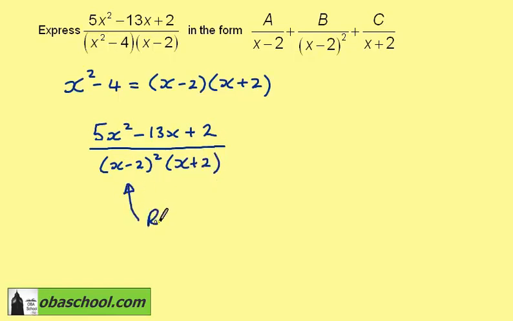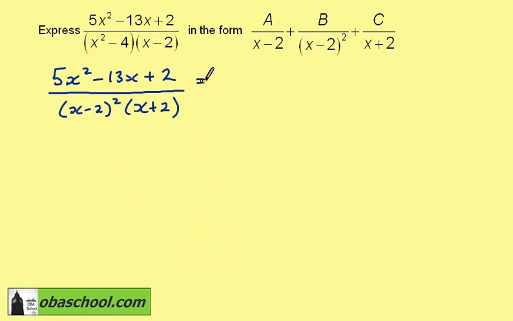What we have here is a factor which we say is repeated as it appears more than once, and this identifies this as a type 3 partial fraction. So the x minus 2 squared is dealt with as a over x minus 2 plus b over x minus 2 all squared, whereas the linear factor is dealt with in the usual way.